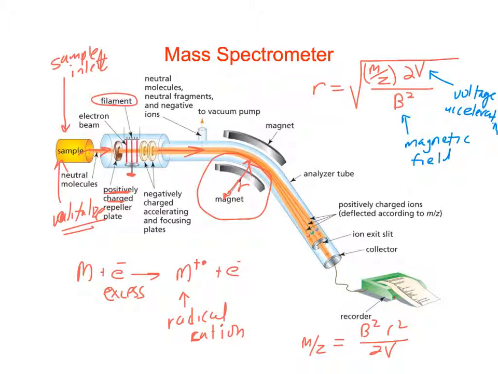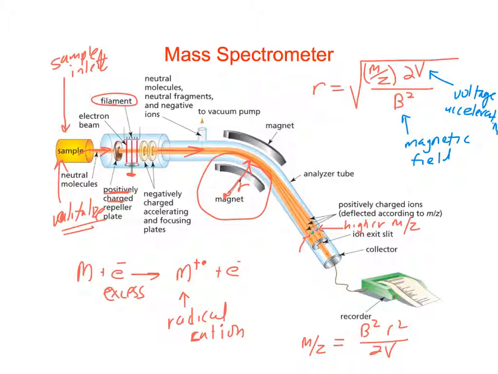All right, and so we can see from this, because the radius of the arc is proportional to the square root of the mass to charge ratio, right? A higher mass to charge ratio will have a wider turn, essentially. So the one over here would be a higher mass to charge.